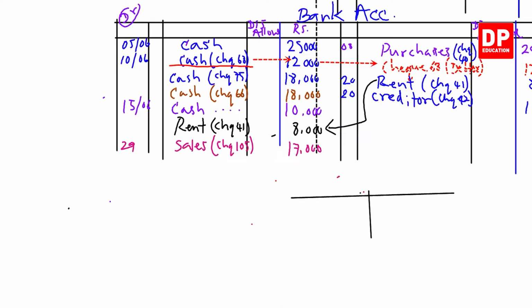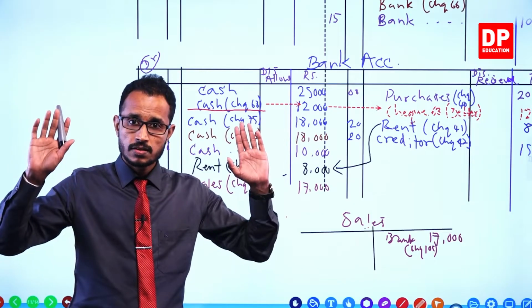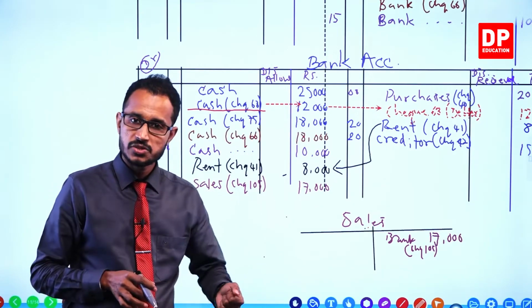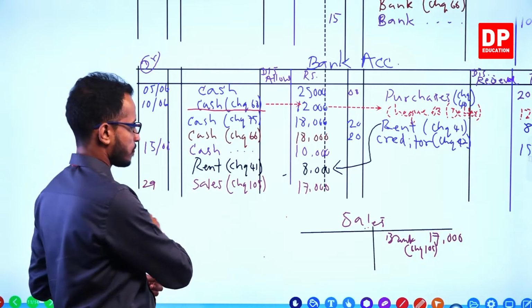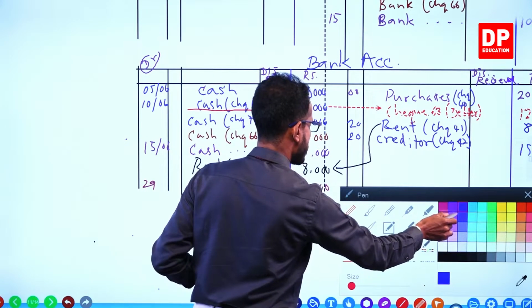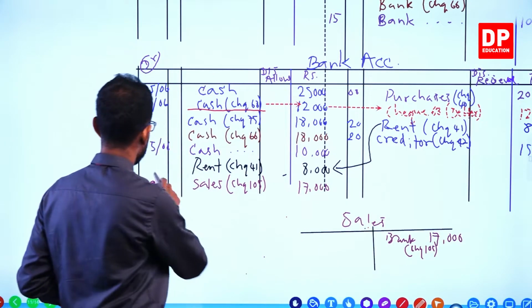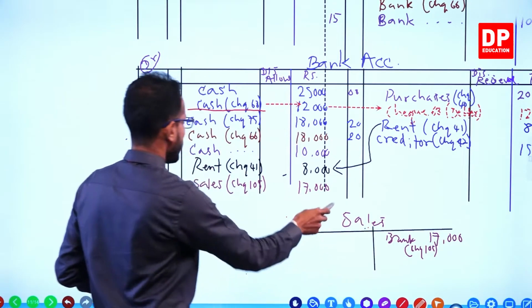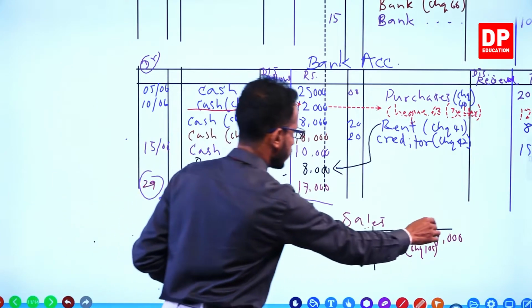Okay. Sales account 17,000 credit. Description bank. Check number, if you want, you can mention check 105. Done. Last transaction recorded. Double entry. Debit and credit.